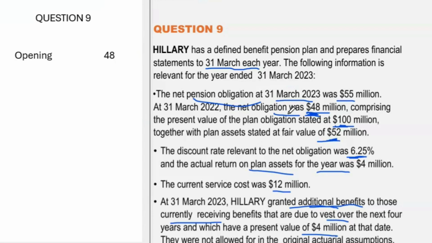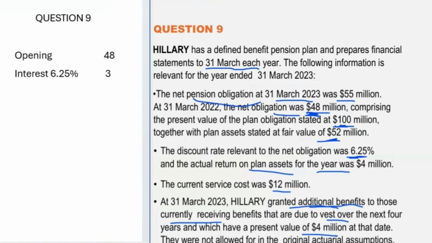So that's the opening. Then we apply the interest on the net. So what's our interest? I think 6.25%. Okay, so apply it on the 48, and that should give us 3.